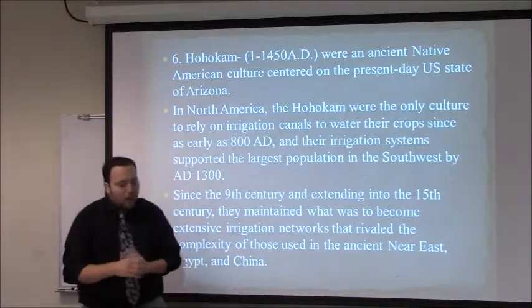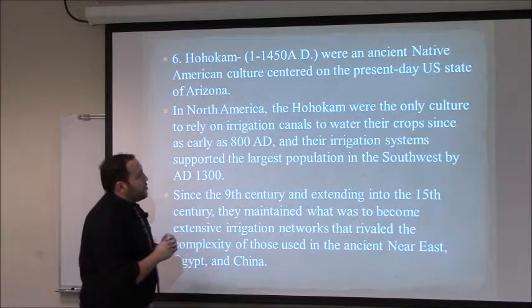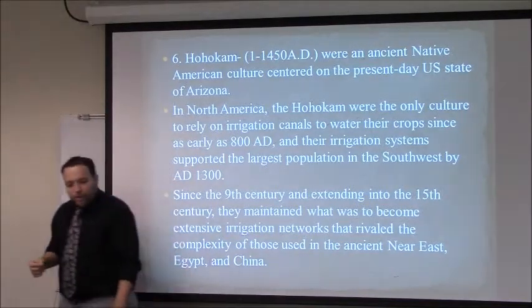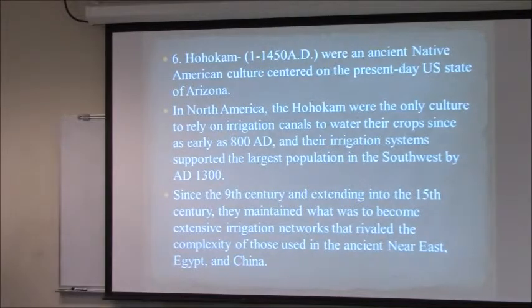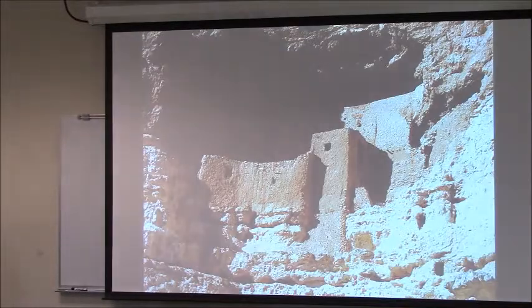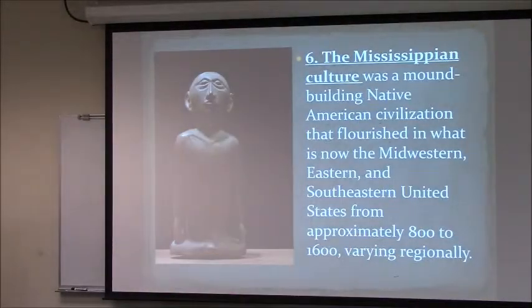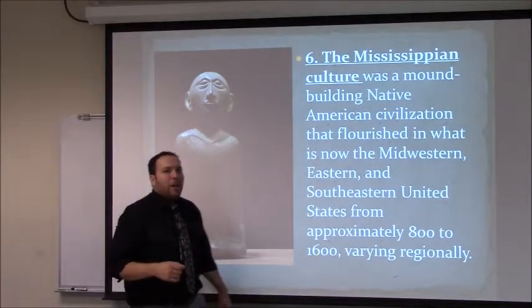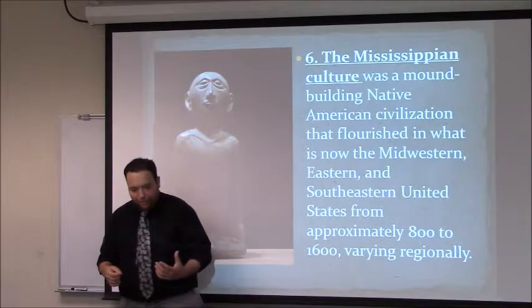I said that the chiefdom developed during the Hohokam. It actually develops in the next cultural period that we're going to talk about, the Mississippian culture. So remember, the Hohokam are known primarily for their agriculture. It's in the Mississippian culture that we get the rise of the chiefdom.